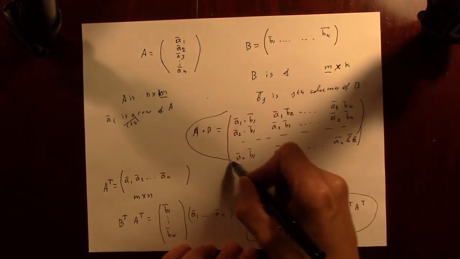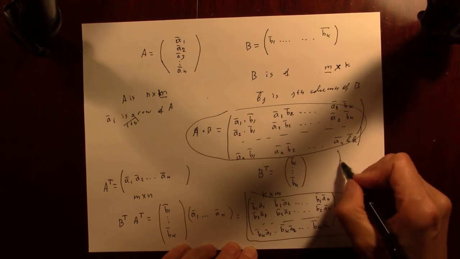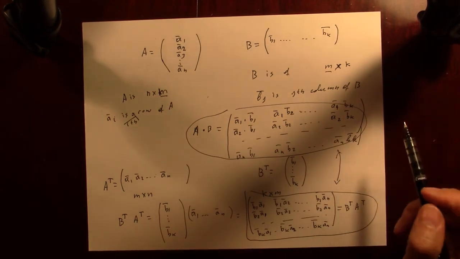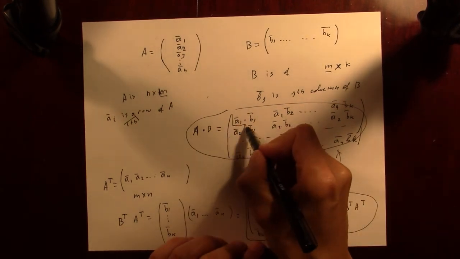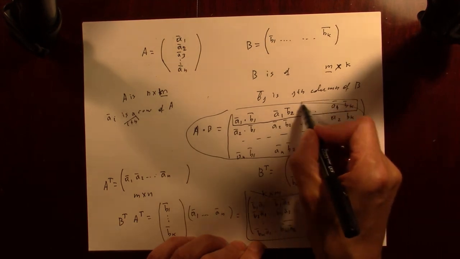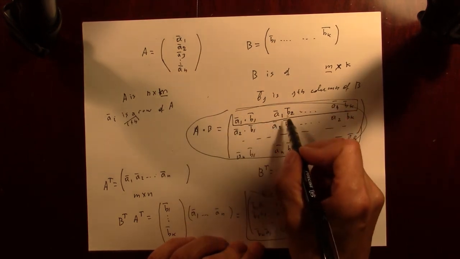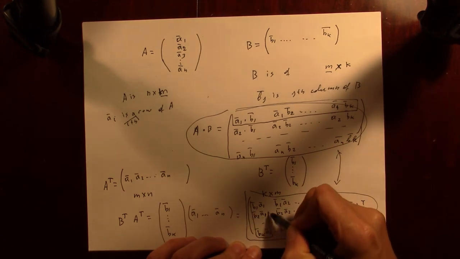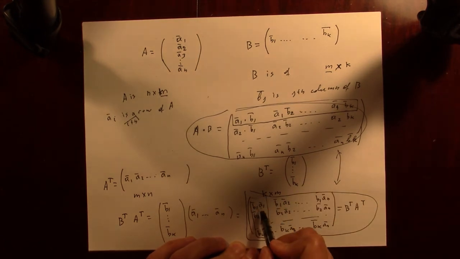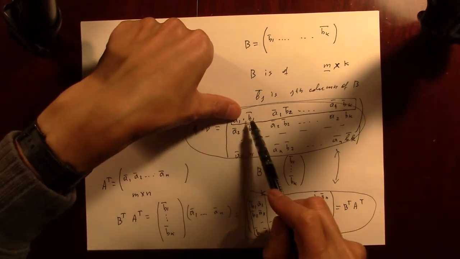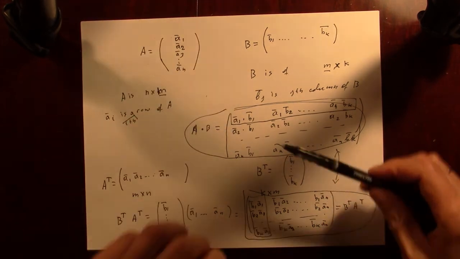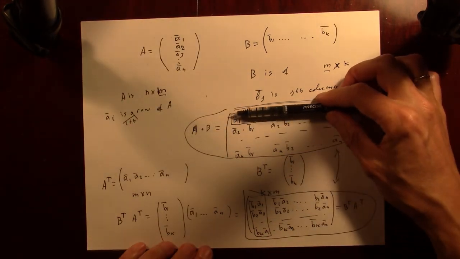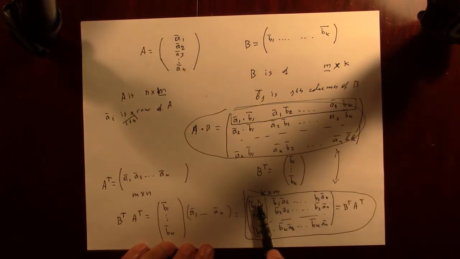Now if you carefully look at these two matrices, when you see row A1B1, A1B2, A1BK, and you see the column B1A1, B2A1, BKA1, those are essentially the same thing. So rows in A times B correspond to columns in B transpose times A transpose.